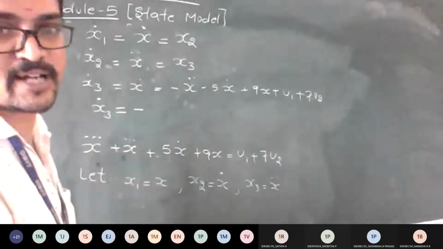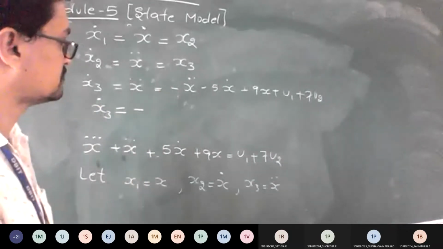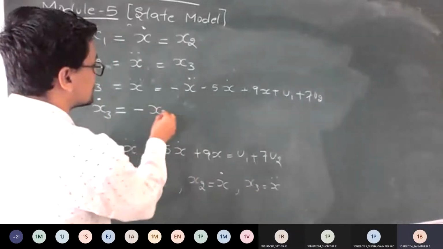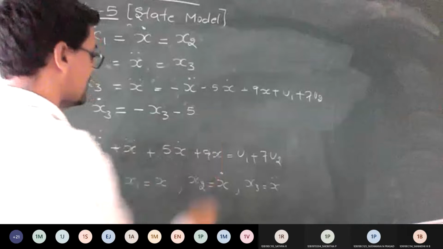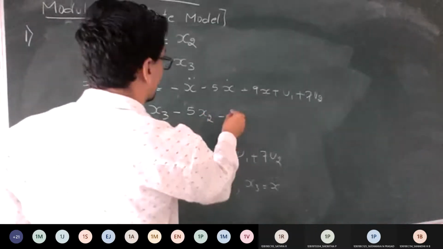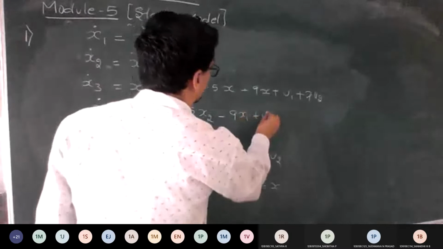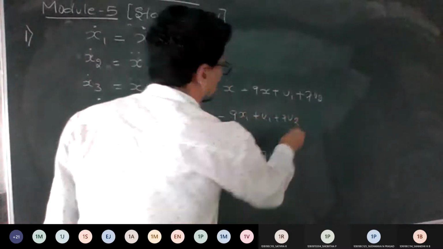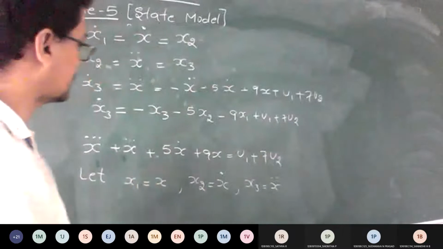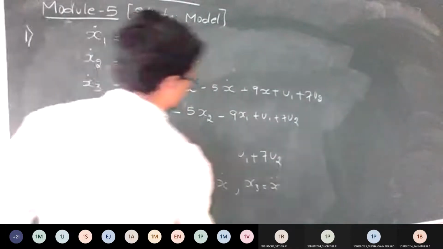Minus x double dot is minus x3. Good. Just substitute the values. Minus 5, x dot is x2, minus 9 x1 plus u1 plus 7 u2. So we have finished all three equations. Now represent them in matrix form.